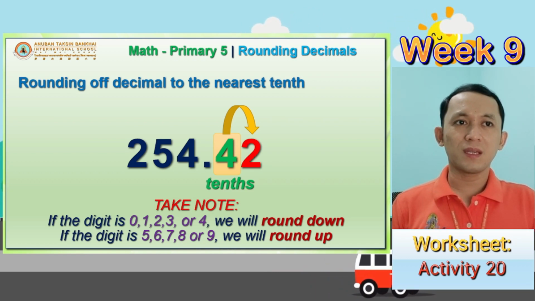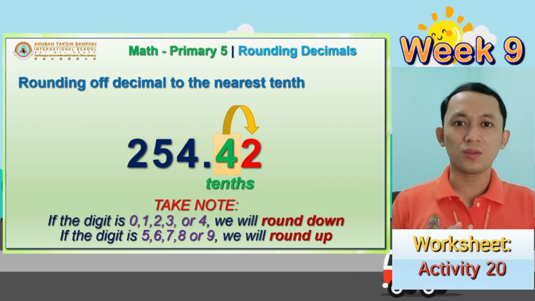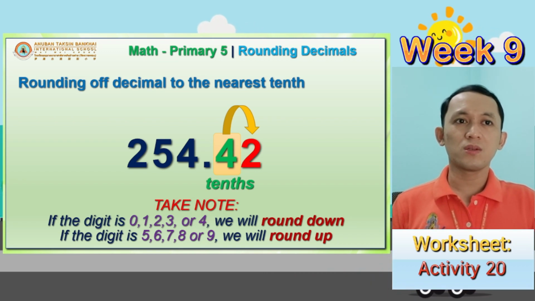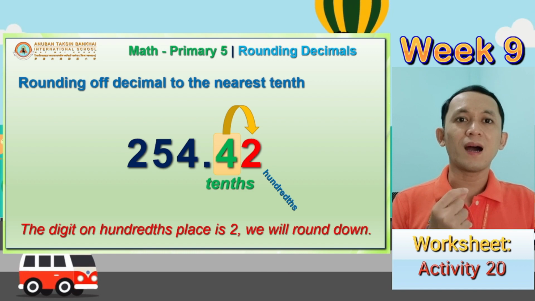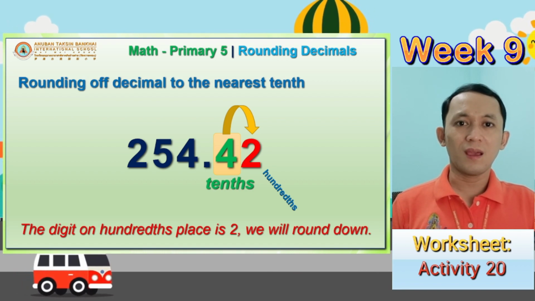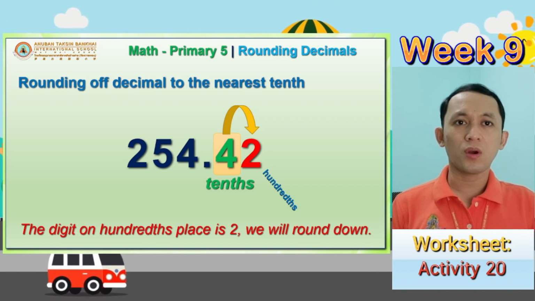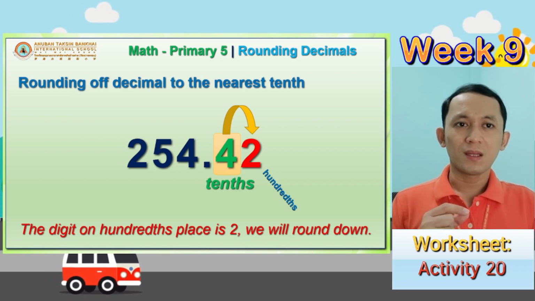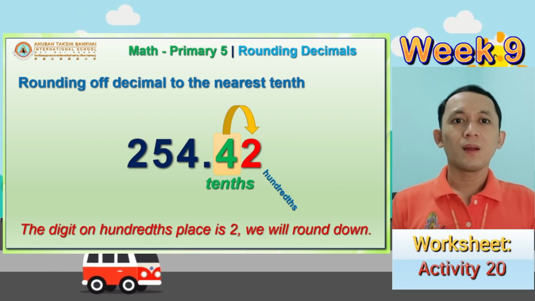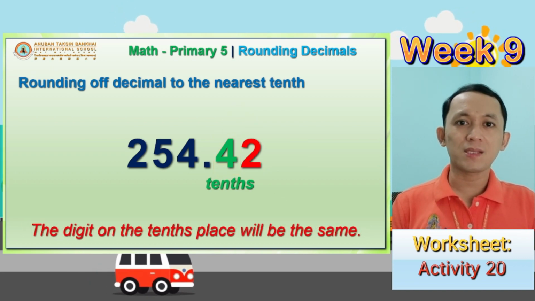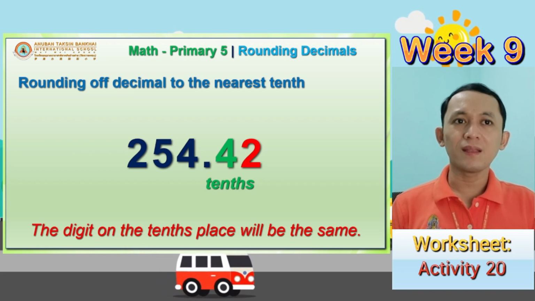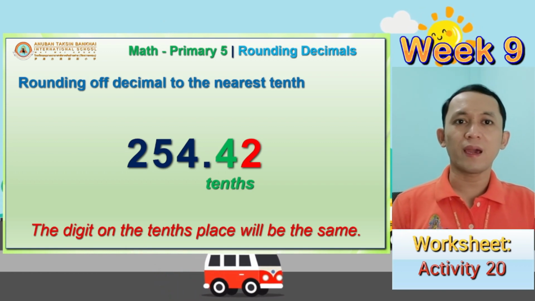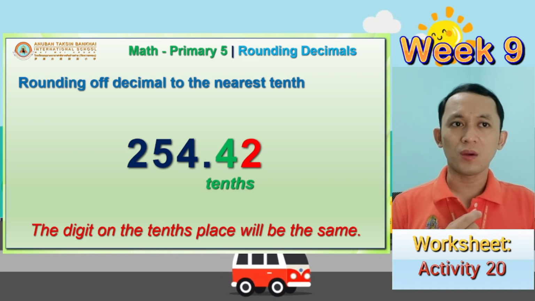In this example, the digit on the hundredths place is 2, so we are going to round down. Round down means the number on the tenths place will be the same, we are not going to change it, and the digits on the right side will be changed into 0.